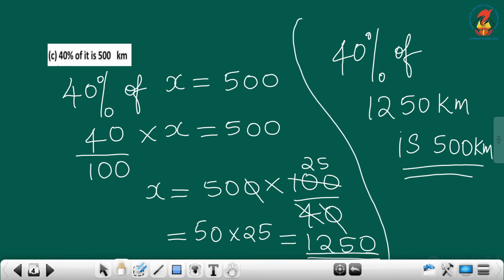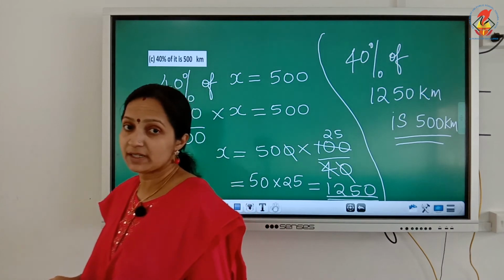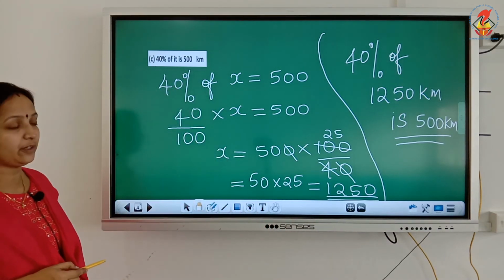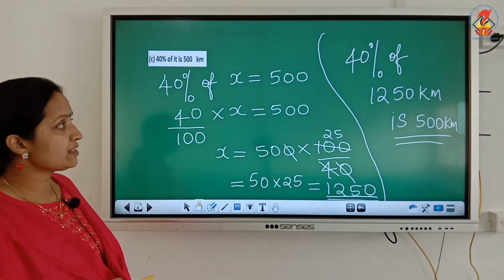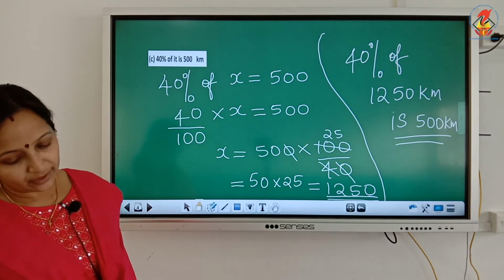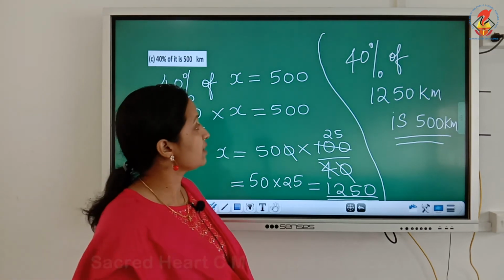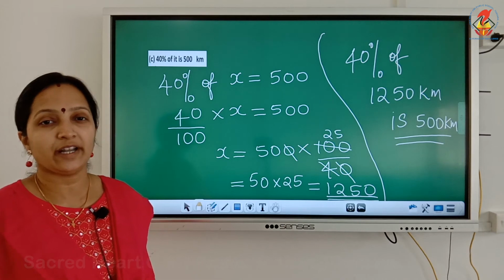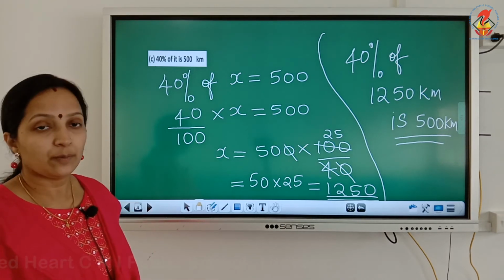Or you can say 500 kilometers is 40% of 1,250 kilometers. I hope this answer is clear now.